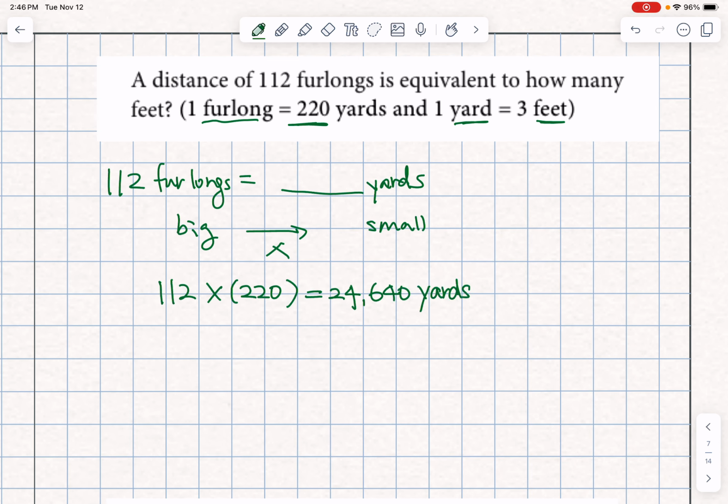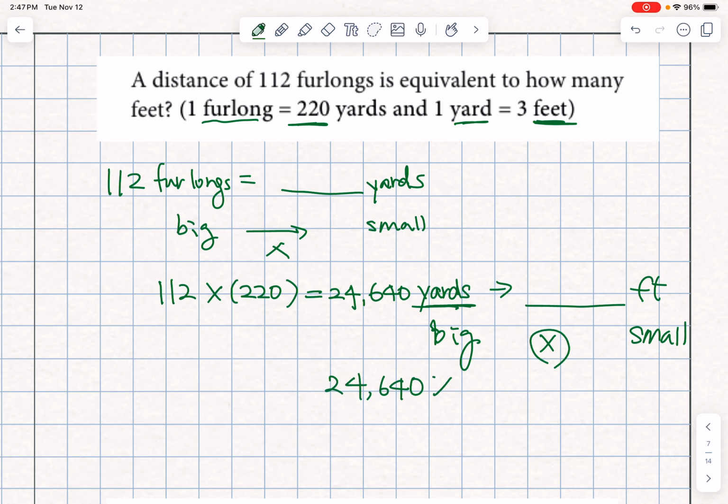And then we have to change yards to feet because they're asking how many feet. Since we know yards to feet is still a big unit to the small unit, you have to multiply. So 24,640 yards times 3 feet will give you 73,920 feet in total.